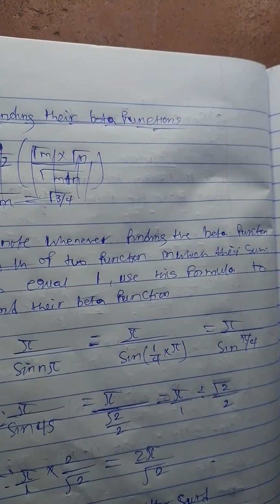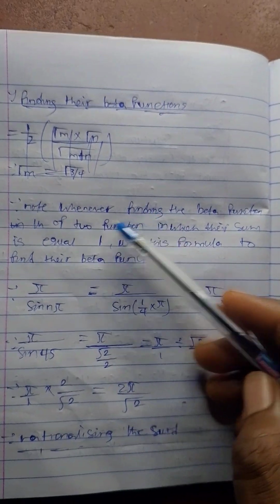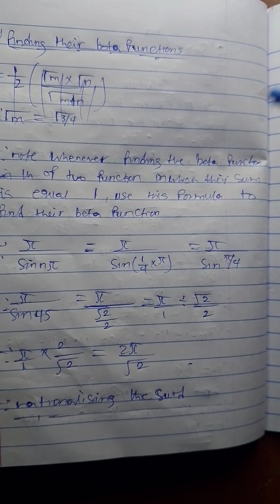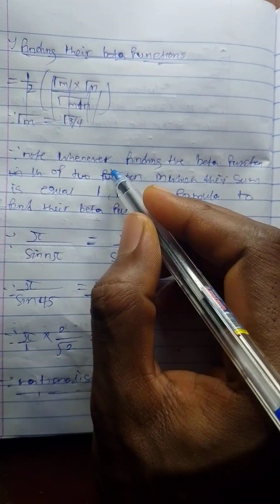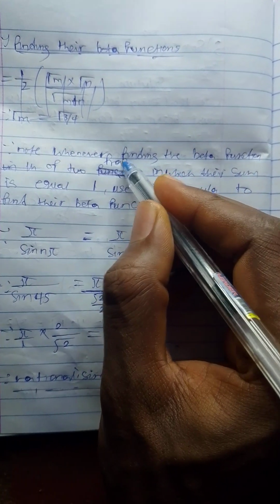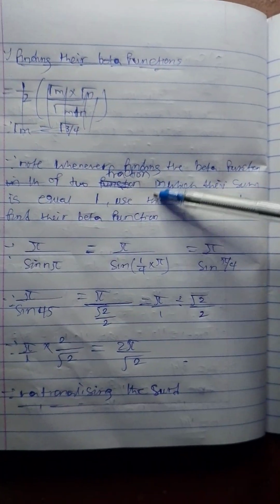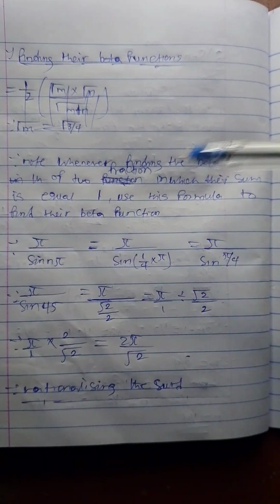Now the next one is, after doing this, please know that whenever you are finding the beta function of two fractions in which their sum is equal to 1, use this formula to find their beta function.